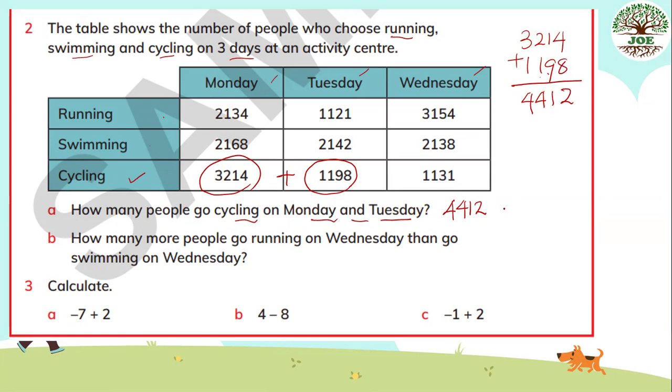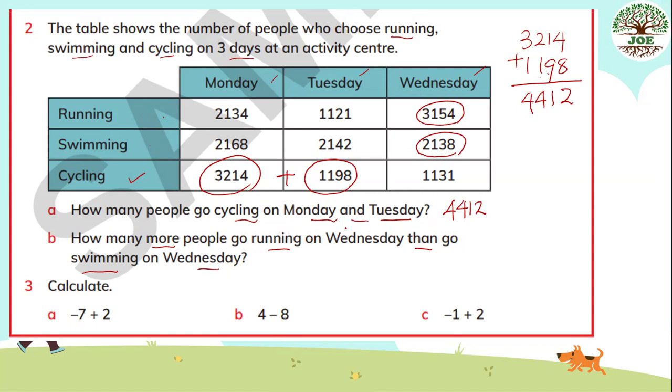Part B, how many more people go running on Wednesday than go swimming on Wednesday? On Wednesday, the same day, for running and swimming, how many more people? So we have to find the difference between running and swimming. On Wednesday, running is 3,154, swimming is 2,138.